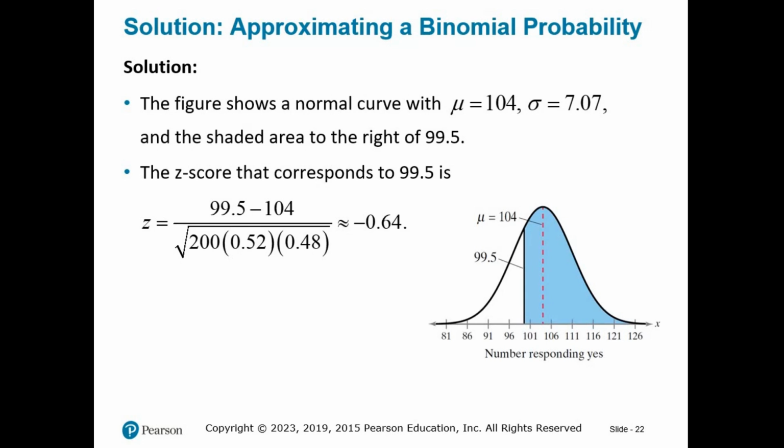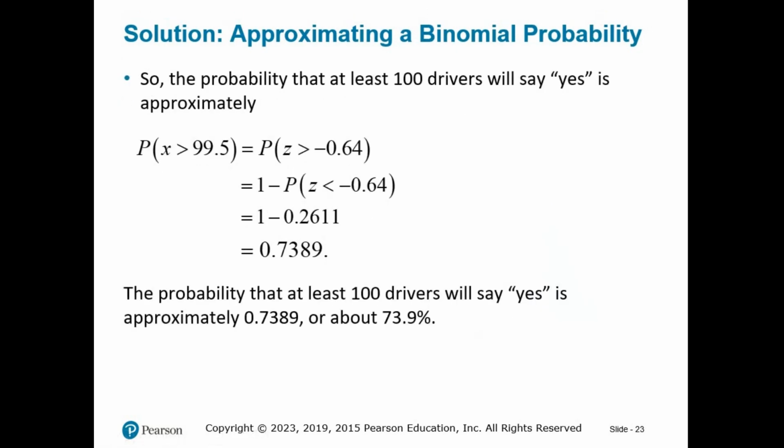So because this is to the right, we either need to find our value on the standard normal table and subtract it from 1, or we need to make sure we know how to put our z-score as our lower bound and put a large number in our upper bound if we're using the normal CDF function on our calculator. When we do either of these, we find that the probability that at least 100 drivers will say yes is about 0.7389, or about 73.9%.